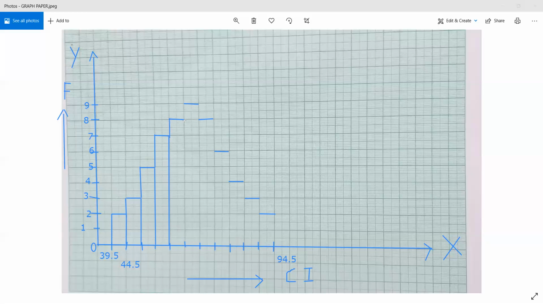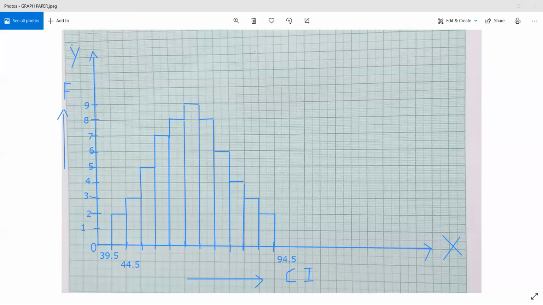Please make sure you use a ruler and a pencil. Alright, so see. After joining all the points, you're getting a histogram now.